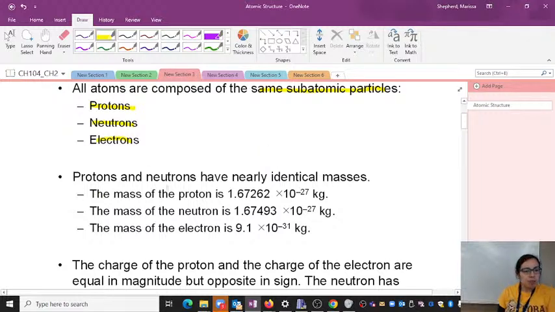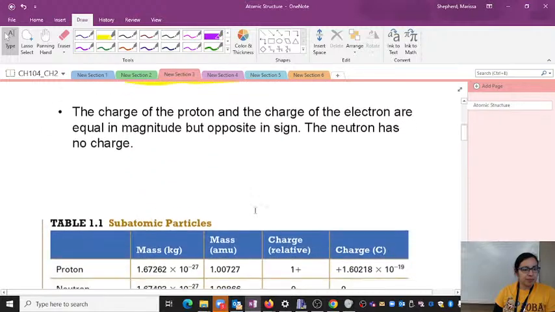The mass of a proton is 1.67 times 10 to the negative 27 kilograms. The neutron is about the same. The electron is negligible because it's only 9.1 times 10 to the negative 31 kilograms, which is 4 orders of magnitude smaller. So when we look at the mass of an atom, all we care about are the protons and the neutrons.